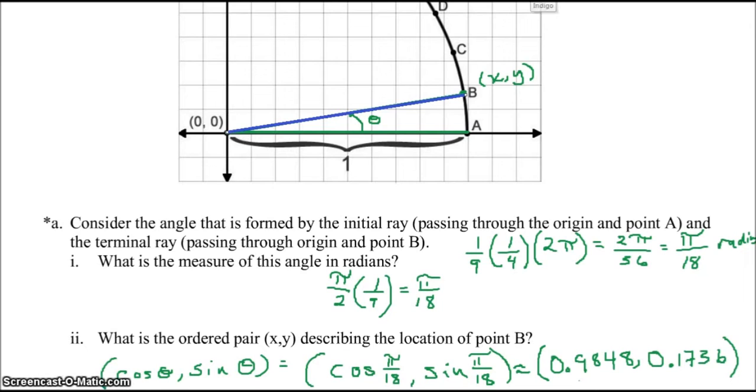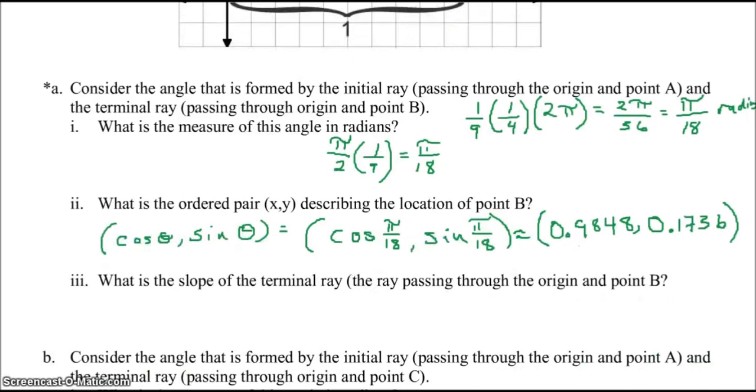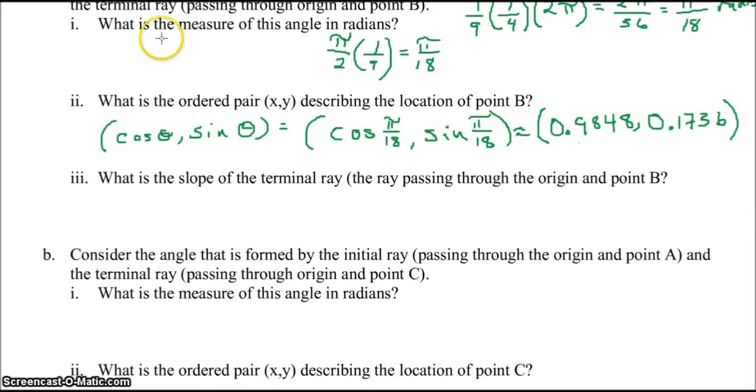There's lots of ways that we could find slope here. What do you know about slope? One thing you may know is slope is rise over run, so that just means the vertical change divided by the horizontal change, which would just be y divided by x, or sine of theta divided by cosine of theta.